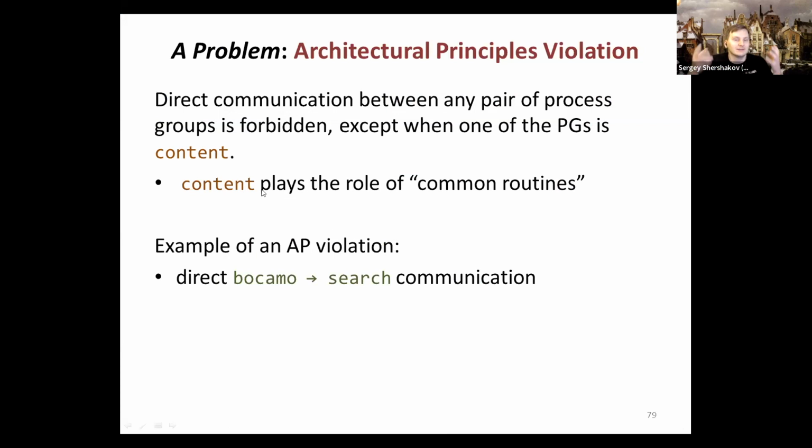This is an architectural rule defined by those who created this system. Content here is a special process group which consists of so-called common routines. The point is, if there is any interaction between other process groups directly without involving content, it means we have a violation of this rule.